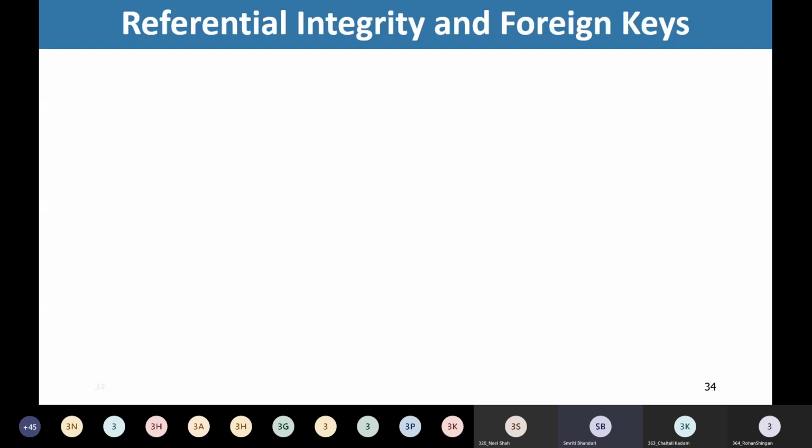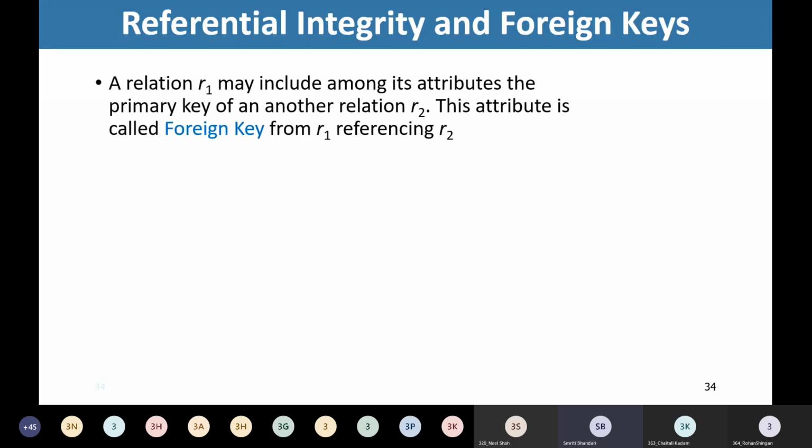So apart from the super key, the candidate key and the primary key, we are having now one more kind of key, and that is known as a foreign key. So what we mean by this foreign key? Many times we are having some relations.